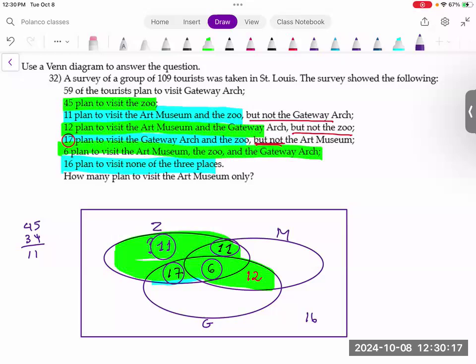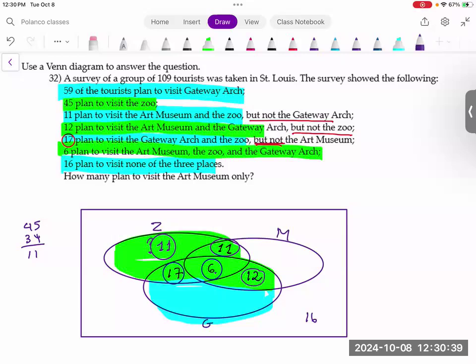All right, now let's go to 59. 59, they plan to visit the gateway arch. So the gateway arch is this one here. All right, and how many do I have already there? I have 17, I have 6, and I have 12, right?